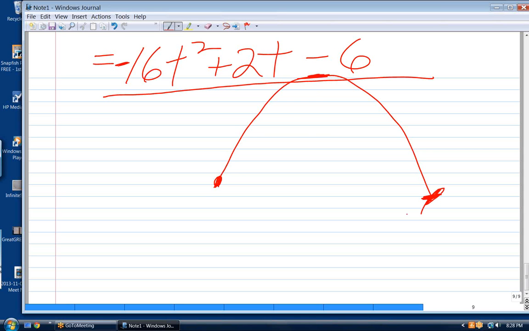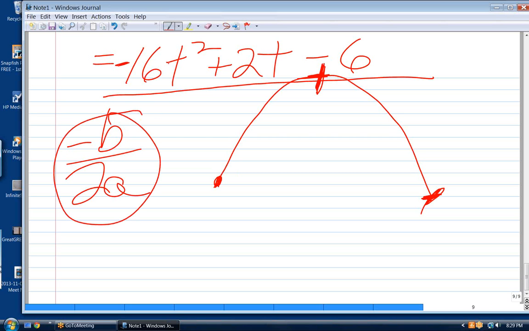And when does it hit the ground? All of which involves factoring or solving this quadratic. The way to figure out how high it gets is to solve for the vertex, but not the x-coordinate of the vertex, the y-coordinate. In other words, you use minus b over 2a, which gives you the x-coordinate of the vertex, plug that answer into this formula, and that'll give you the y value when t is equal to that point.